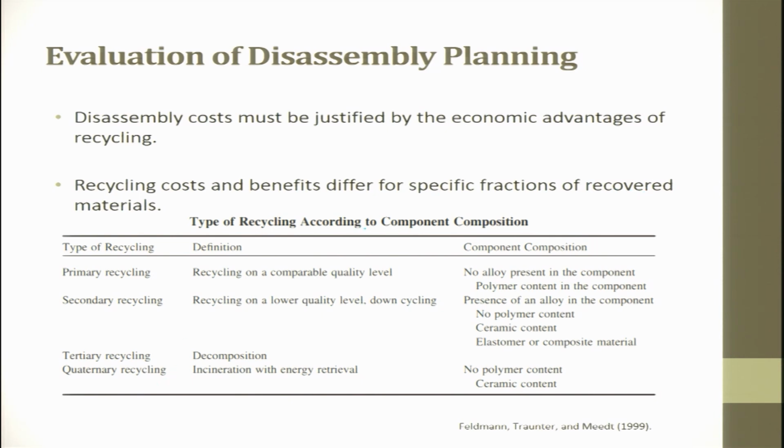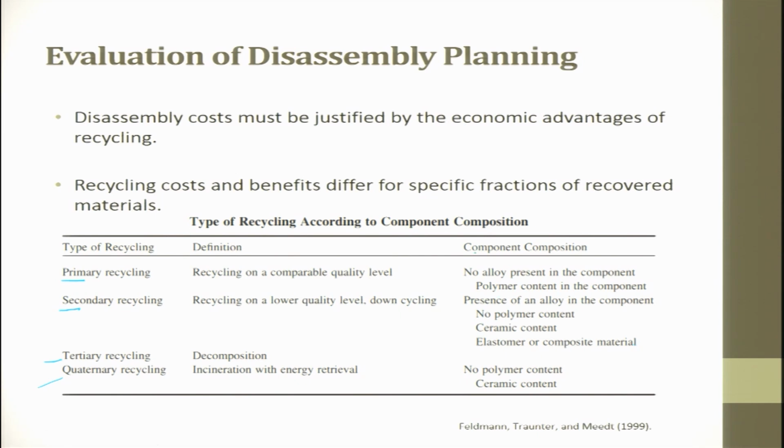So, type of recycling according to the component composition, we have primary recycling, secondary recycling, tertiary recycling and quaternary recycling. Primary recycling is defined as recycling on a comparable quality level. No alloy present in the component, polymer content in the component is taken care of. Secondary recycling is recycling on a lower quality level, downcycling, with presence of an alloy in the component, no polymer content, ceramic content, elastomers and composite materials.